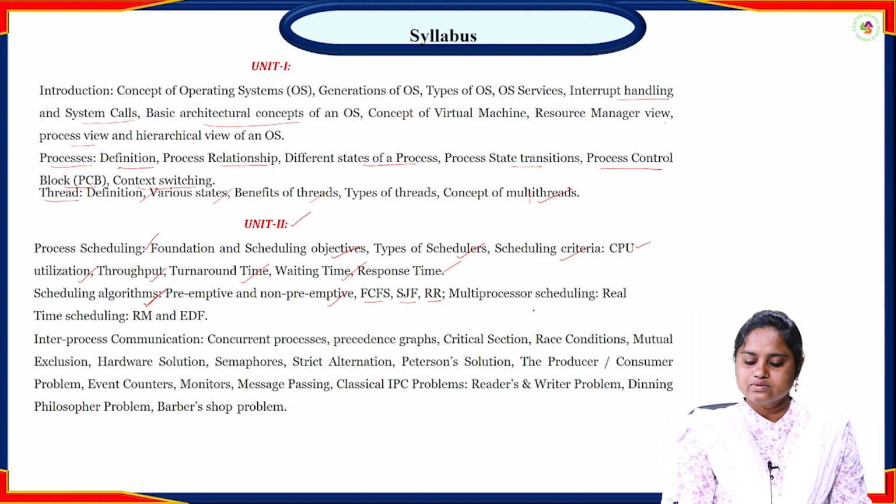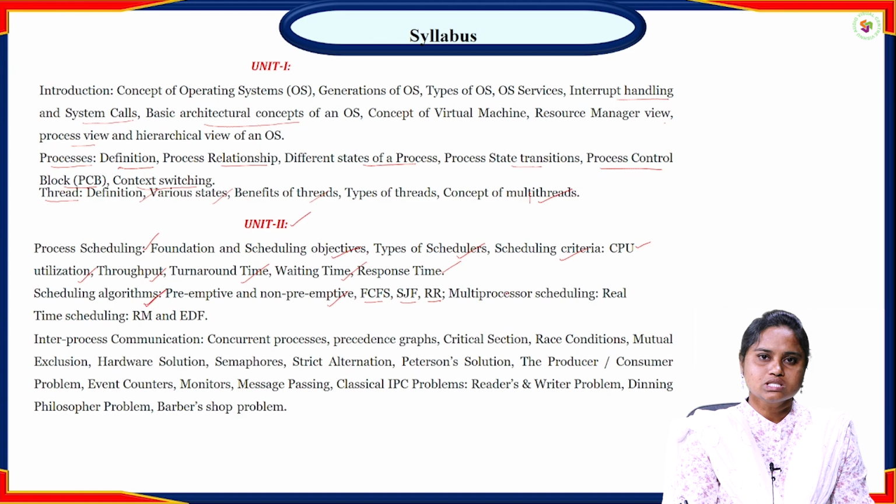And after that, we have some multi-processor scheduling algorithms. Why? Because in the first unit itself, we have a topic that is single processor systems and multi-processor systems. That means some systems contain one processor, and some systems have multiple processors also.